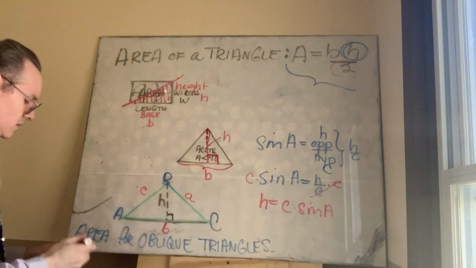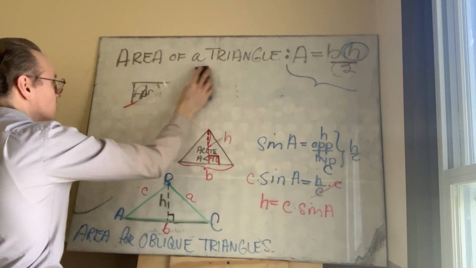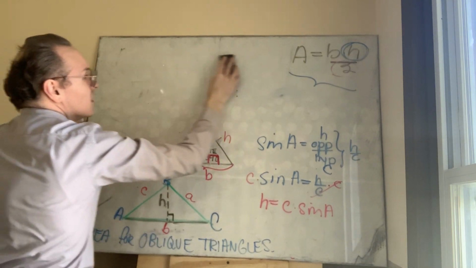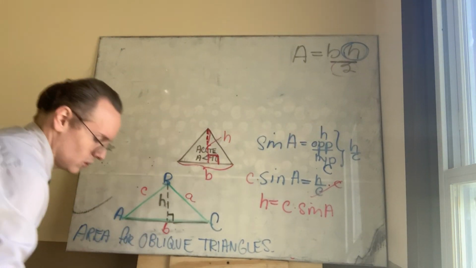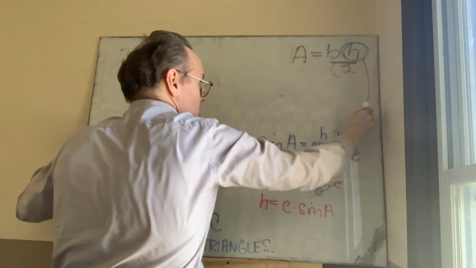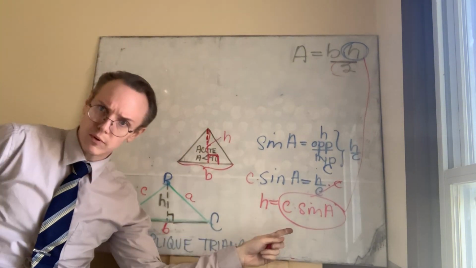And what you will notice as you examine that list of three options for the areas of oblique triangles is that all they have done really is substitute H with something that incorporates an angle.